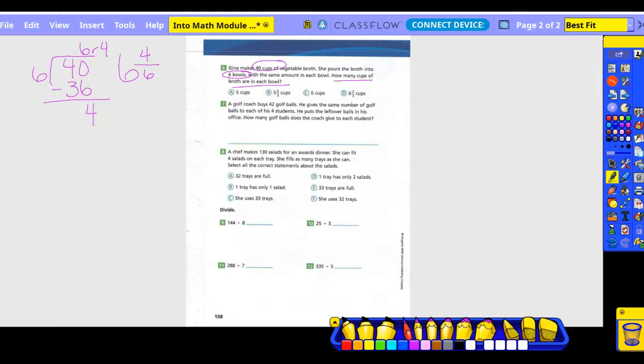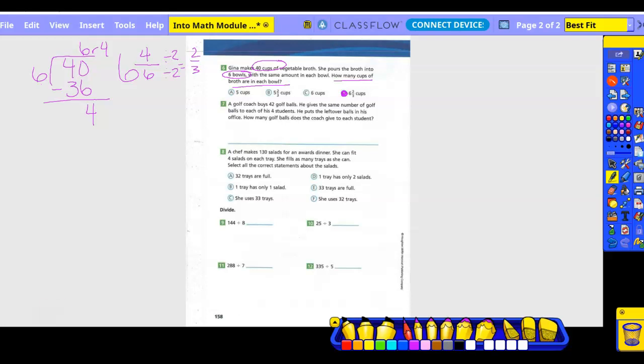What goes into both 4 and 6? 2. Okay, so what I do on the top, I do on the bottom. So 2/3. So which one says 6 and 2/3? Letter D.